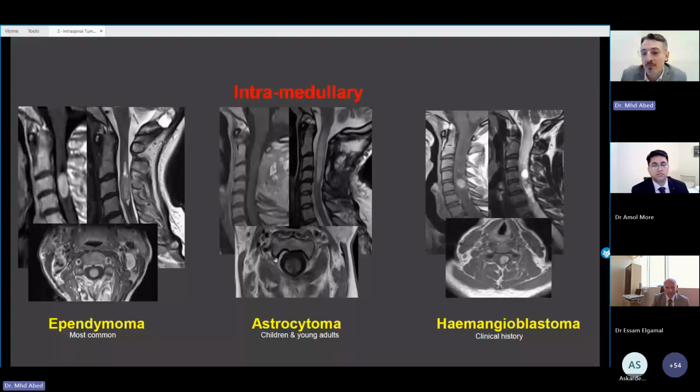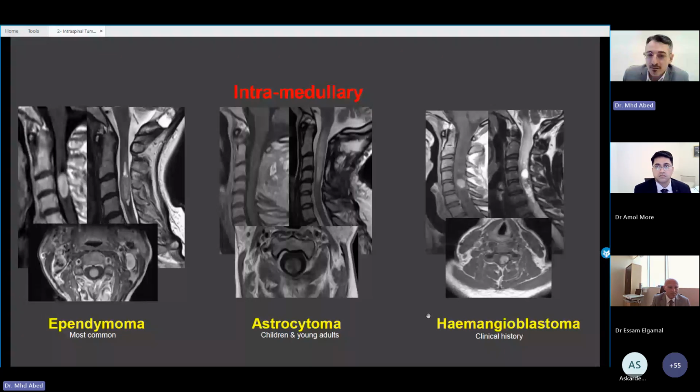And for the hemangioblastoma, most of the patients in the spinal cord will have a primary in the brain, hemangioblastoma in the brain, with secondary CSF seeding into the spinal cord. So just look if the history, the patient has any brain tumor, then you can minimize the differential.